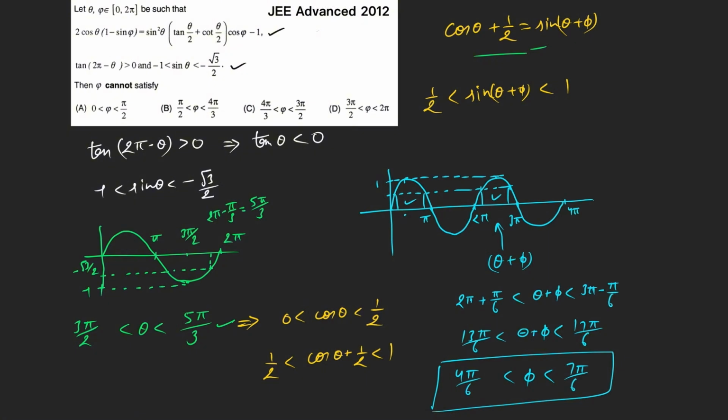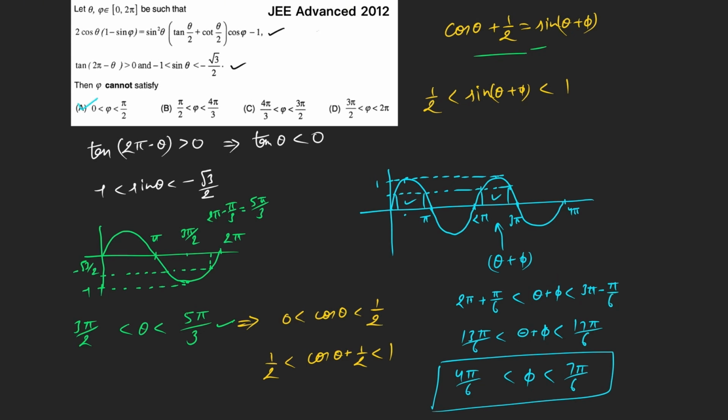And corresponding to this, we can select the options. So we can see that our phi is greater than 2 pi by 3, which means it cannot be less than pi by 2. So therefore, phi cannot satisfy this option. And B says that it is greater than pi by 2 and less than 4 pi by 3.